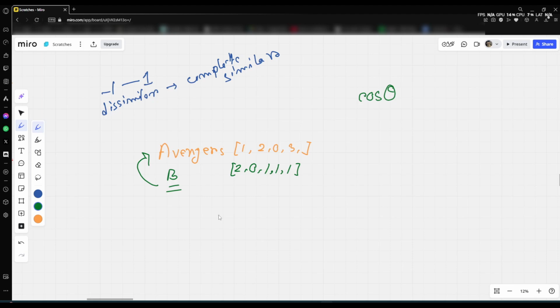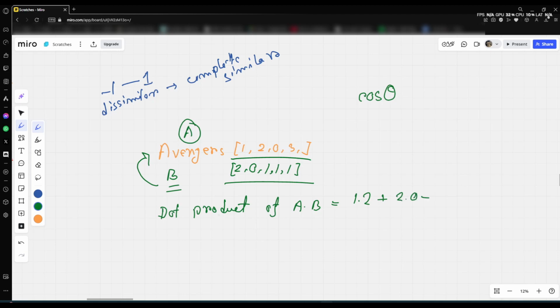Okay, so we have the rating for Avengers, then we have the rating for the movie B. We'll do a dot product of A and B. A is Avengers here, and B, so this is 1 into 2 plus 2 into 0 plus 0 into 1.